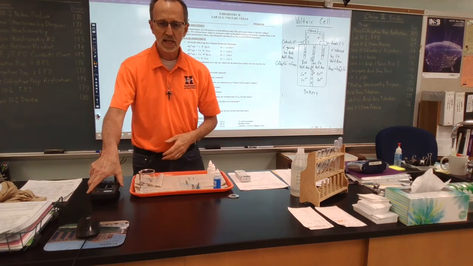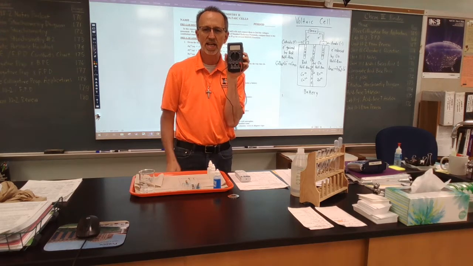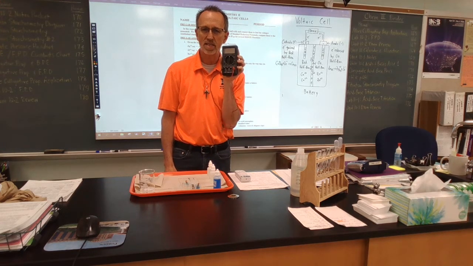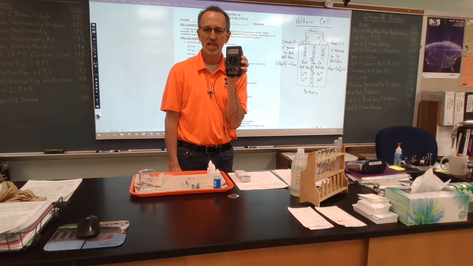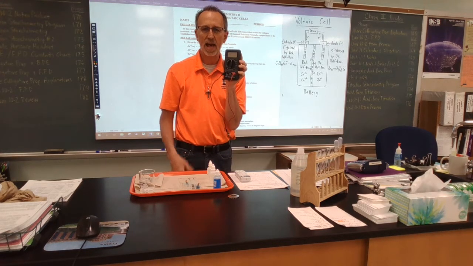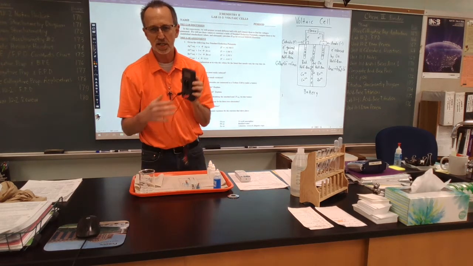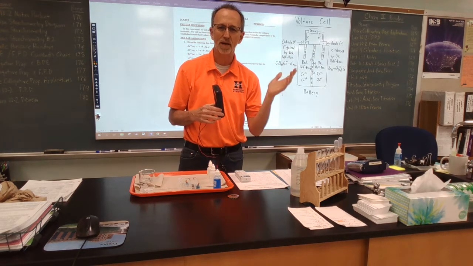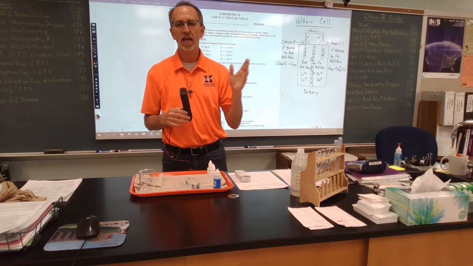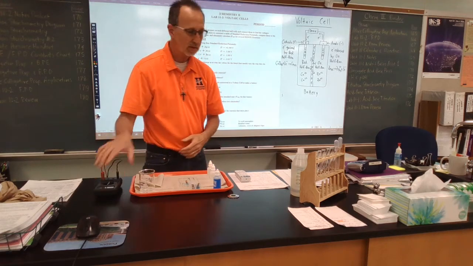And of course, if this voltmeter was a device that utilized the electrical energy as the electrons pass through it, that would be representative of things such as a cell phone, a flashlight, or anything else that takes batteries in order to operate.